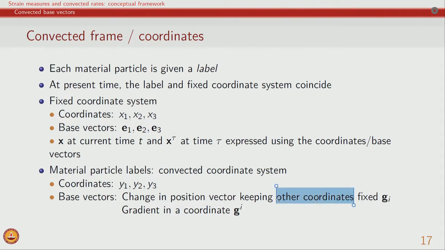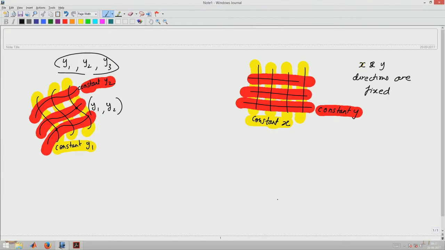So, therefore, we are looking at a direction where y 2 is not changing. For example, in the case that we have drawn, we can clearly see that this is the direction along which there is no change in y 2, because these are constant y 2 surfaces.